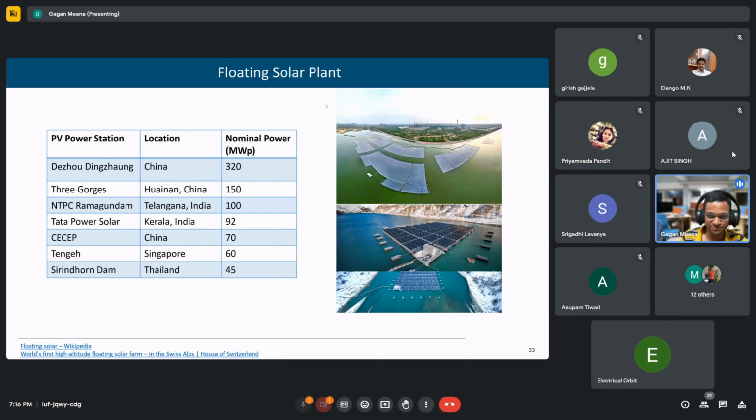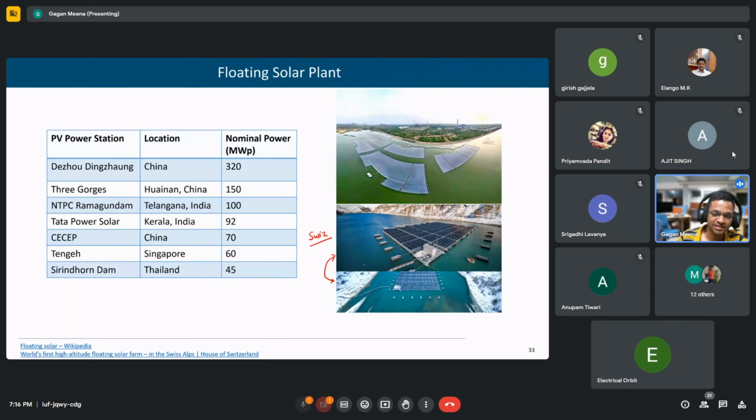And then you can see one picture here, in the second and third pictures. This is one floating solar plant in Switzerland. In the Alps, they have put one plant on one of the lakes. It's at a very high altitude. So one thing is cooling, the temperature is very low there.